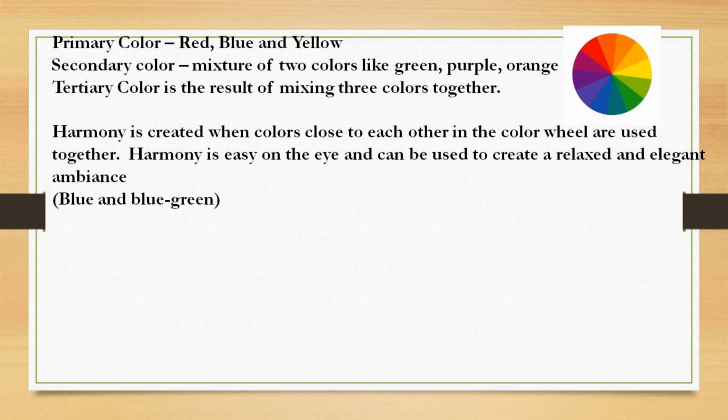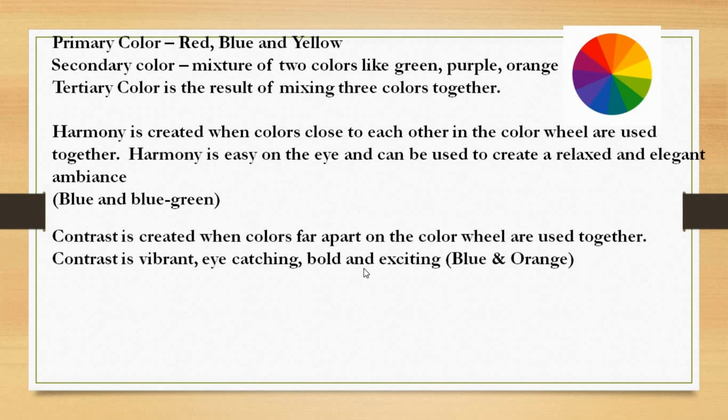So in this color wheel, if you have colors close to each other, for example blue and blue-green, or red and orange, these colors are called harmony. When colors close to each other in the color wheel are used, it is called harmony.